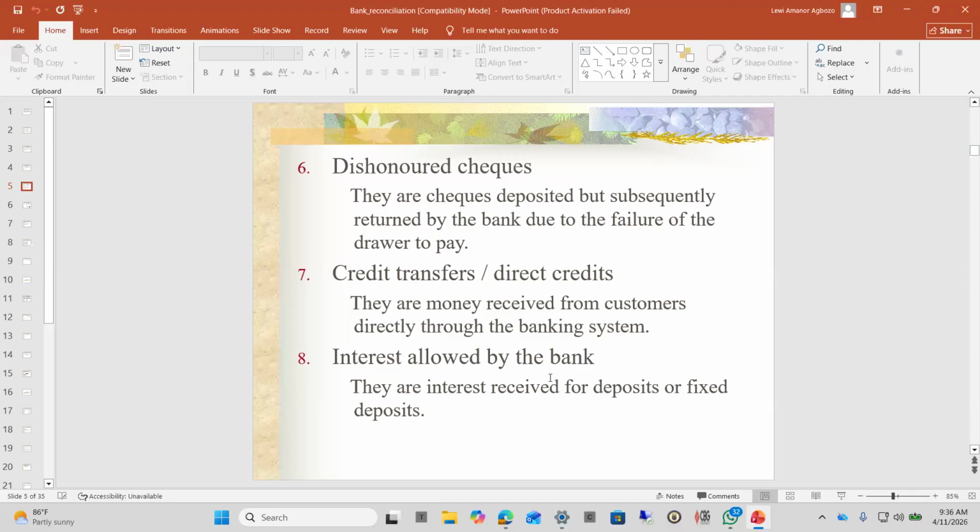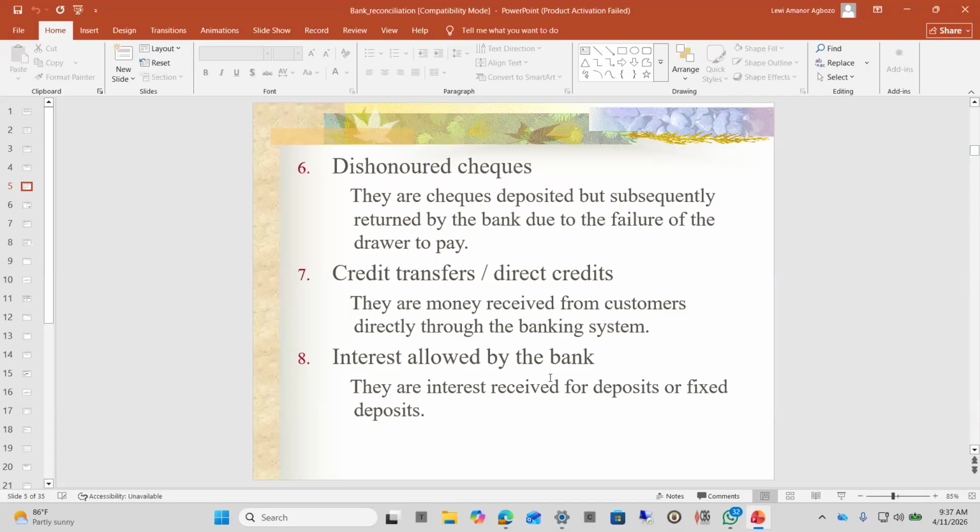It can also be that there are some irregularities on the check. Let's say the amount on the check is 5,000, but the amount in words is 500,000. That one too, the bank cannot pay.